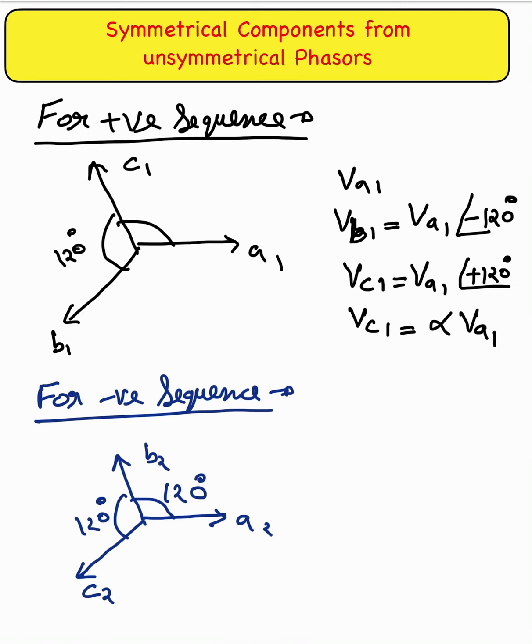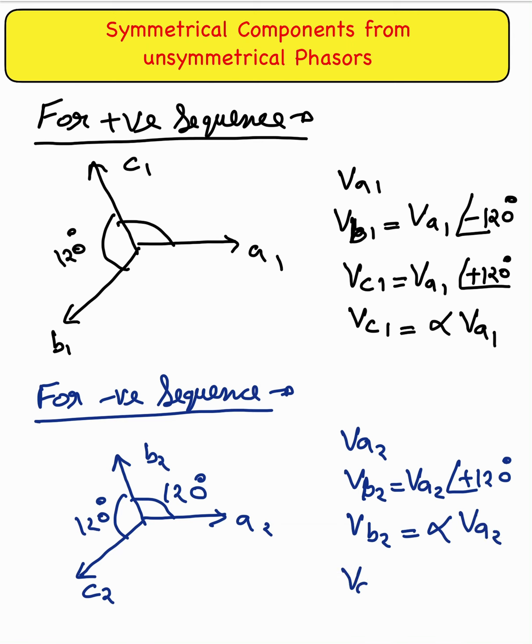So we can write VA2, VB2, and VC2, where VA2 is the reference. VB2 we can write as VA2 with an angle of plus 120 degrees. In a similar way, since 120 degrees is alpha, the operator alpha is used, so VB2 is alpha VA2.